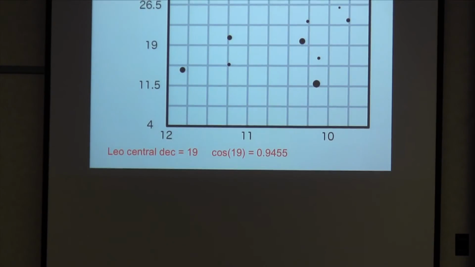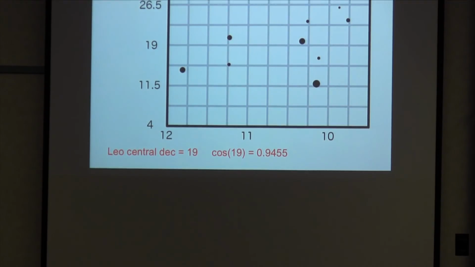The cosine of 19 degrees is 0.945, not that different from 1. So there is an error, but it's on the order of 5% or so. As you get further away, the error will be more in this direction and less in this direction. So the scaling of 15 is roughly accurate to 5%. Could we actually see 5% with our eyes here? Not really. You could probably do a 10 or 15% error.